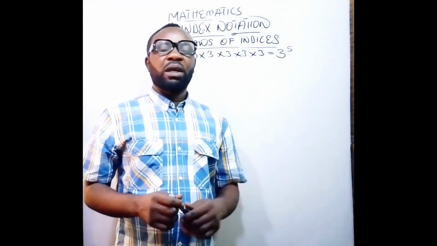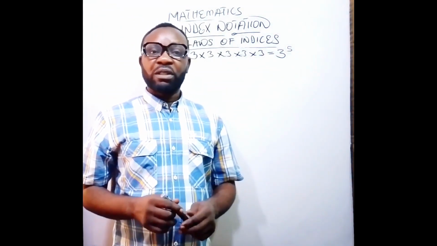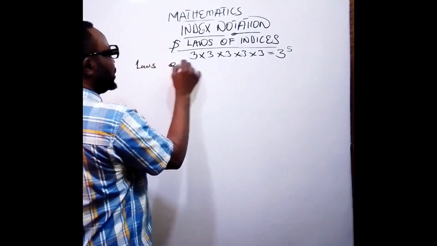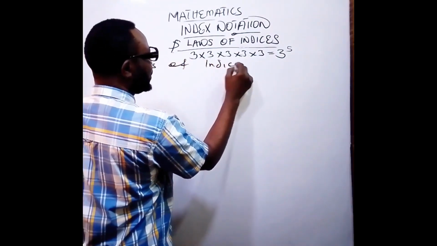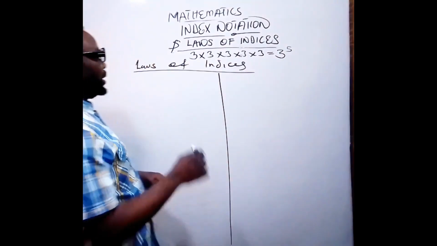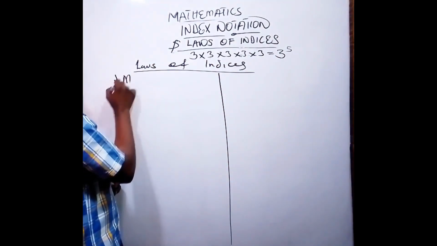Now, let's look at the laws that govern indices. Laws of indices. The first law of indices is called the multiplication law.